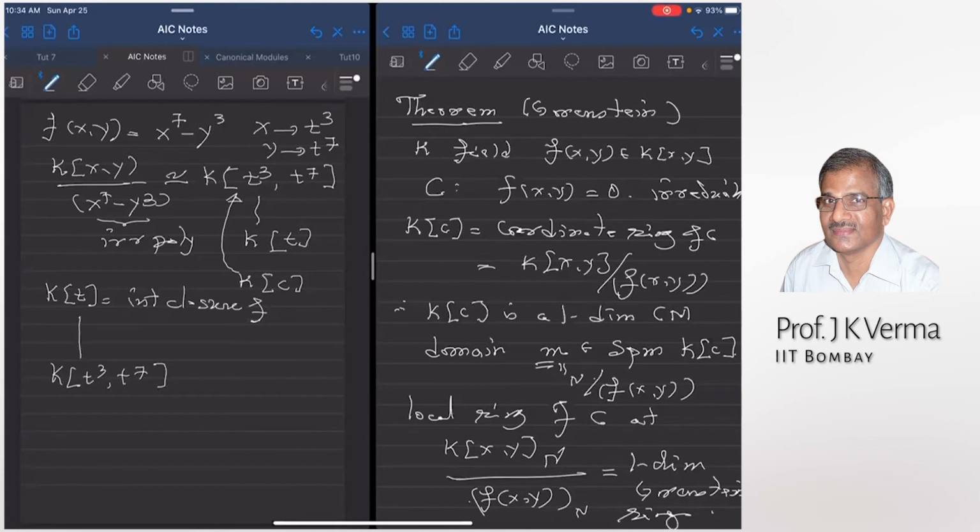So this is the integral closure of K[C], and obviously this is a finite module. Let me write R rather than writing K[C]. This is a finite module.